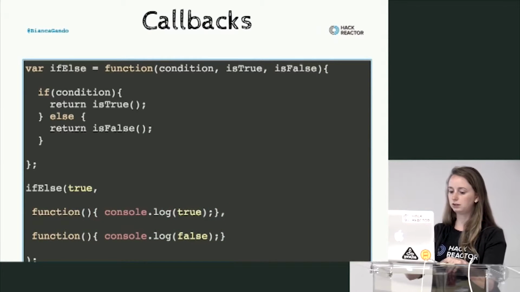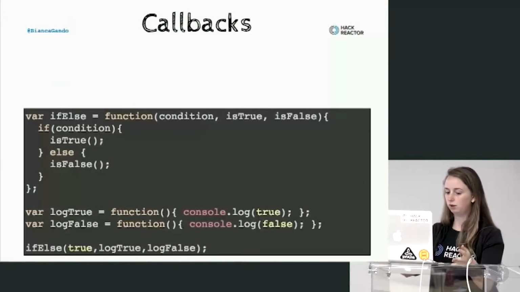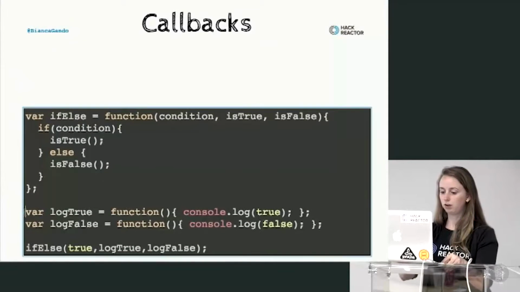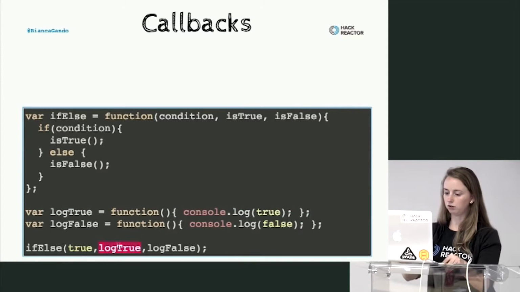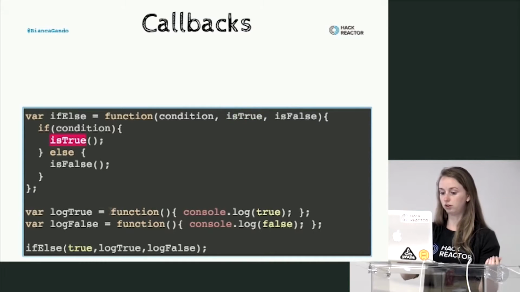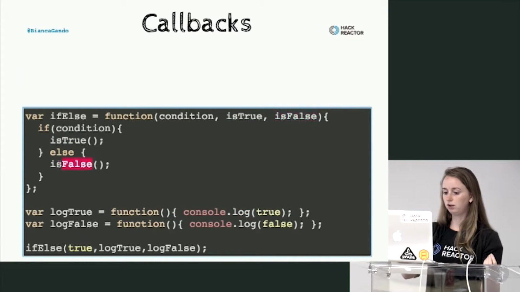But we could also pass in other variable names. So if we have this function stored as log true, we could pass it then as log true or log false. And that would work just the same. Is true would then be log true, and is false would then be log false.